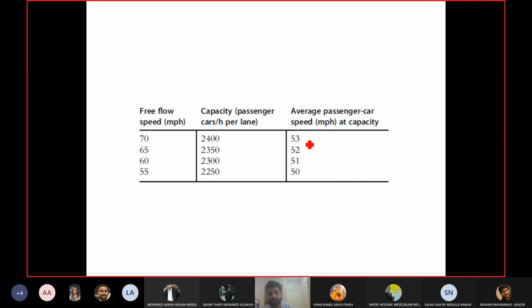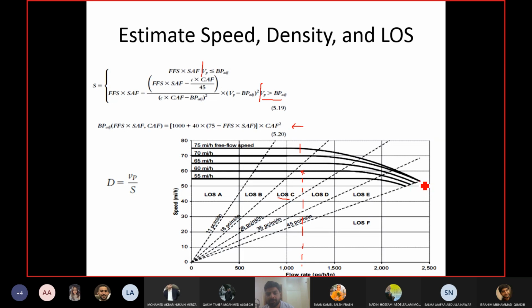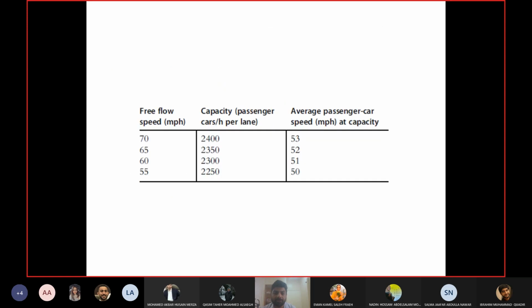Wherever the curve ends at this value, you go to the y-axis and find the speed. So they are giving the extreme values where the curve is ending: this is the x value and this is the y value, and so on.